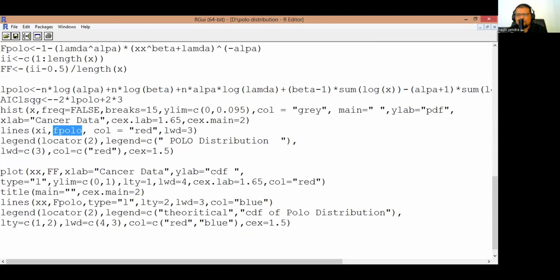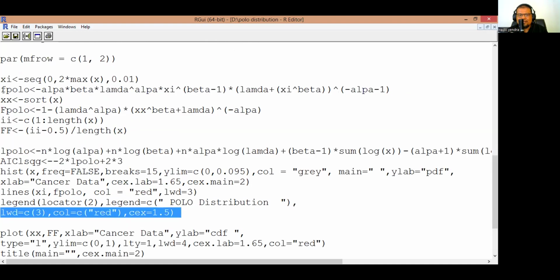And then the cumulative plot. If the cumulative theoretical has the same plot as the cumulative model, it means our model is good. So it means we succeeded in estimating the parameters, or our parameters are the right ones.